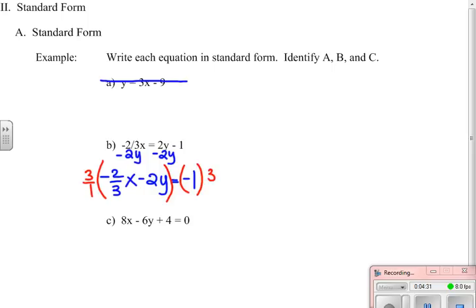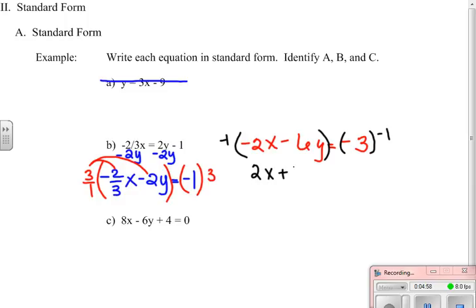There's 3, so I'm going to multiply by 3. When I distribute this, don't forget that part, you end up with negative 2x minus 6y equals negative 3. Again, I have a negative term in the front. Multiply everything by negative 1. End up with 2x plus 6y equals 3.